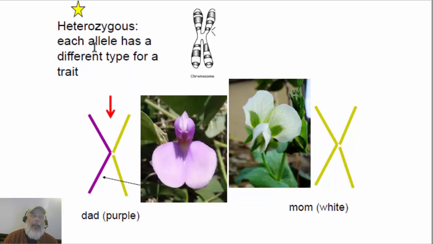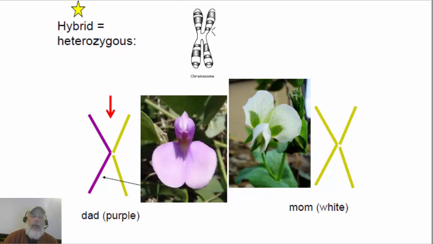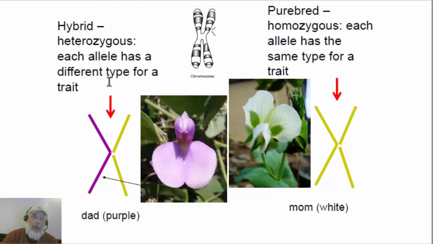So we're going to call that heterozygous. Each allele has a different type for a trait. So Mom was homozygous, Dad is heterozygous. Another term for heterozygous that Gregor Mendel used, he called that hybrid. So Dad is hybrid heterozygous, and Mom is purebred homozygous.